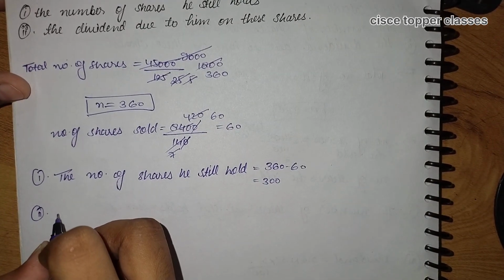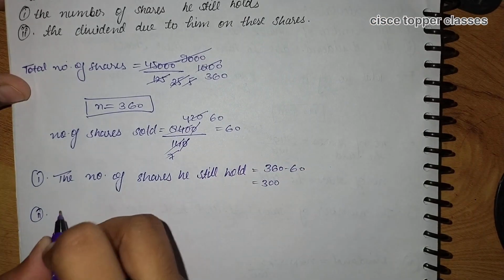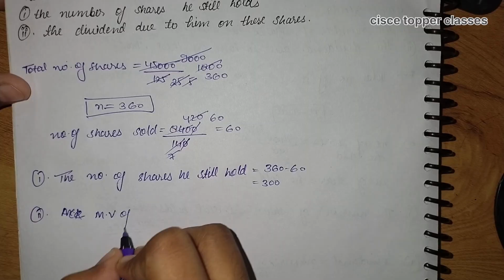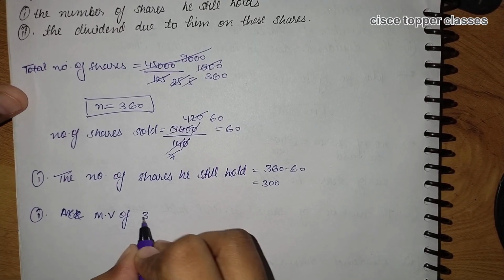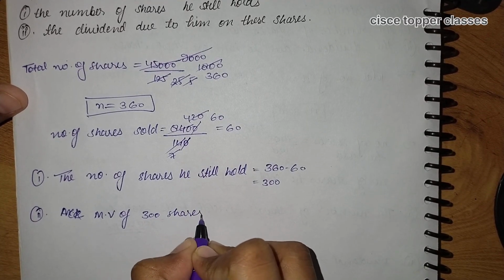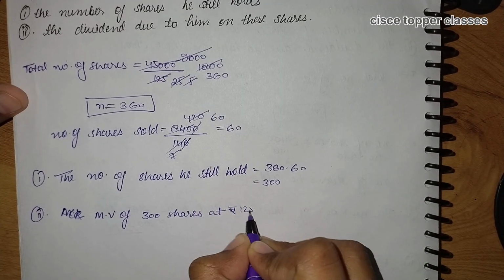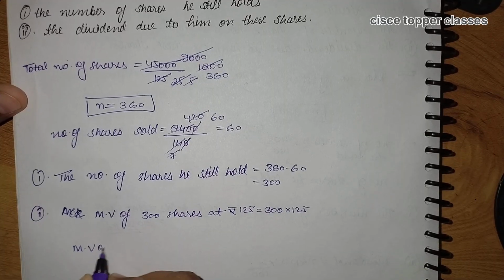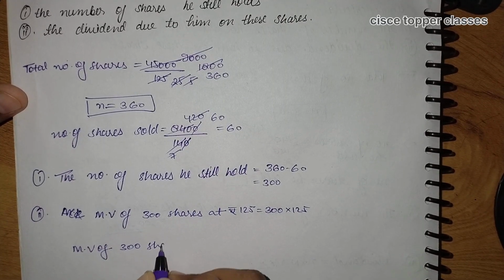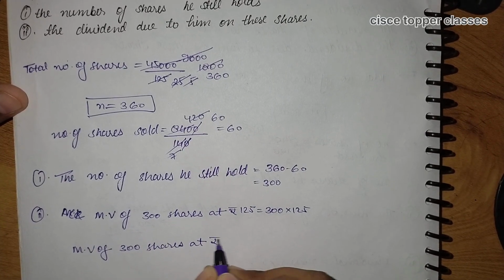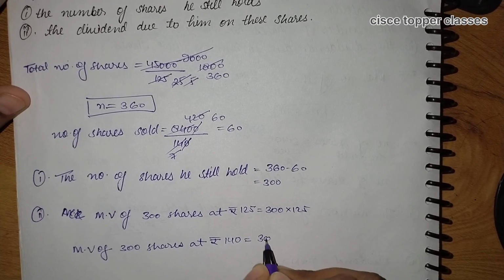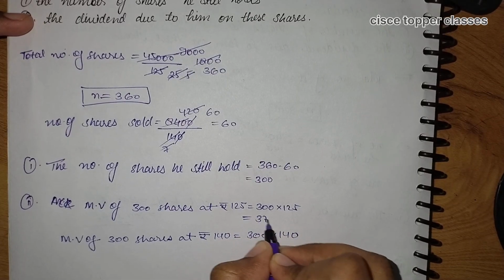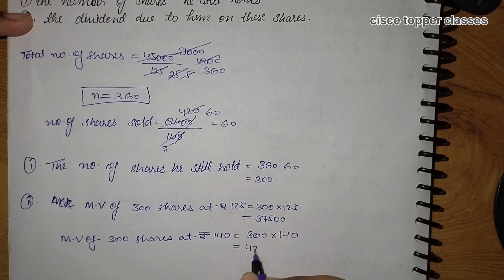The market value of 300 shares at rupees 125 will be 300 into 125, and the market value of 300 shares at rupees 140 will be 300 into 140. On solving, we get 37,500 and 42,000.